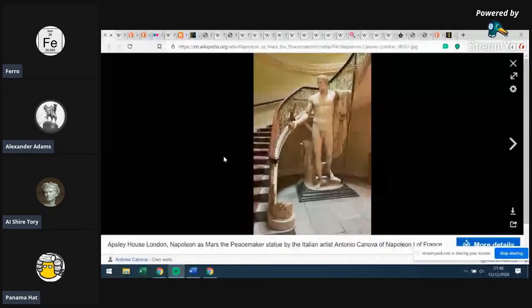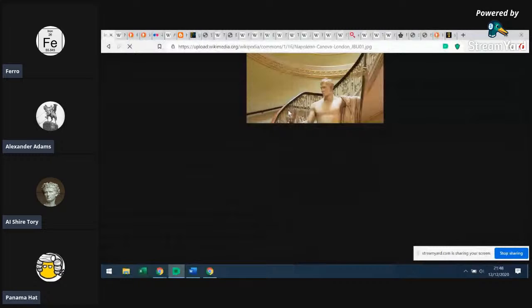Here it's a figure from Roman antiquity, Roman mythology. So Mars, the peace bringer. So he's literally doing that thing of unifying a continent by conquering it and therefore bringing peace, which obviously was one way of bringing peace. Yeah, it's obviously that paradox or whatever.